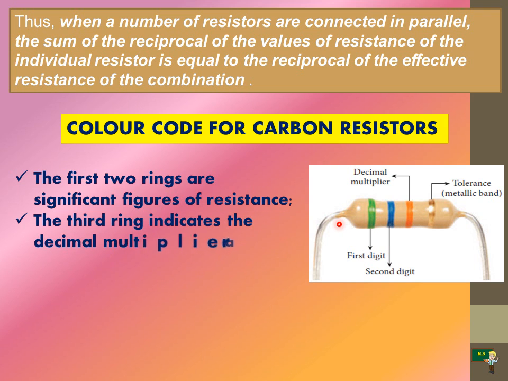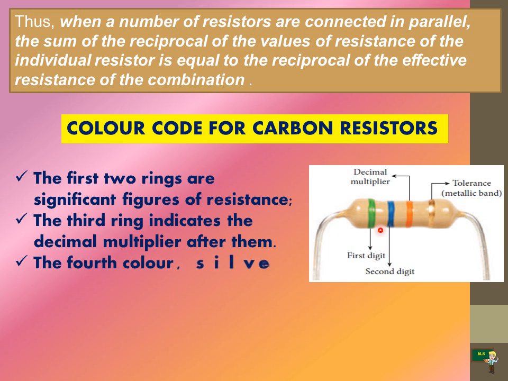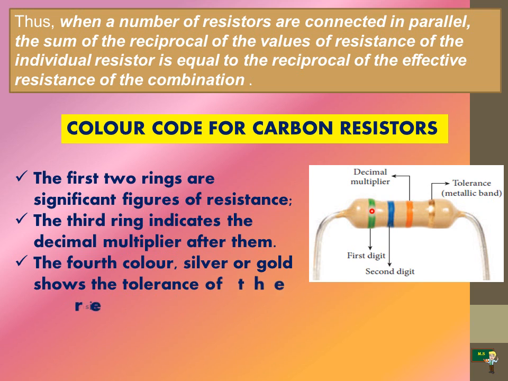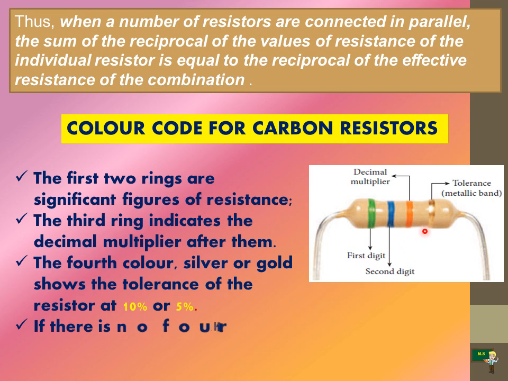These resistors are inexpensive, stable and compact in size. The color rings are used to indicate the value. Here you can see the first digit, this is for the second digit, this is for the decimal multiplier, and this is for tolerance or the metallic band.